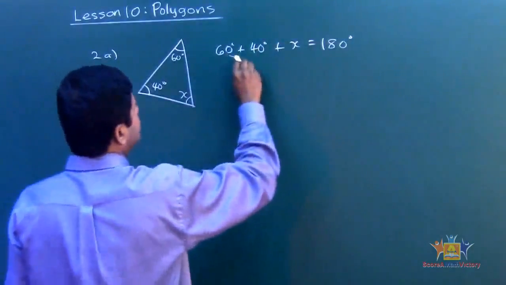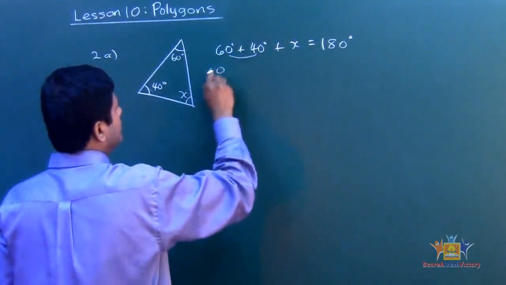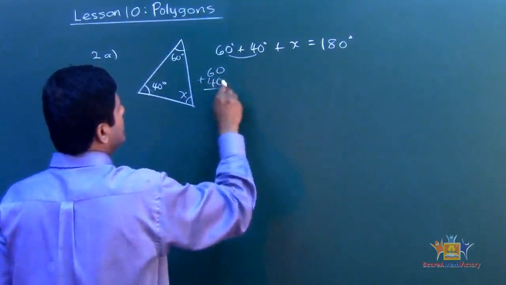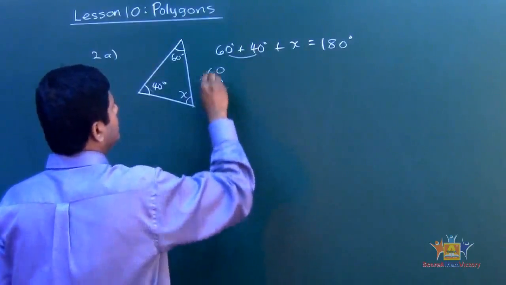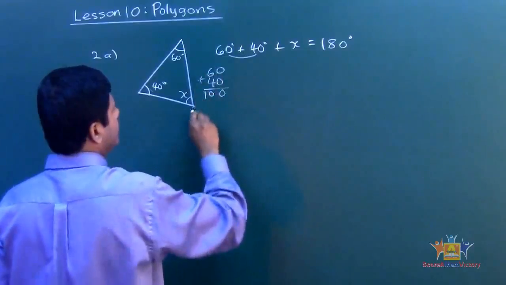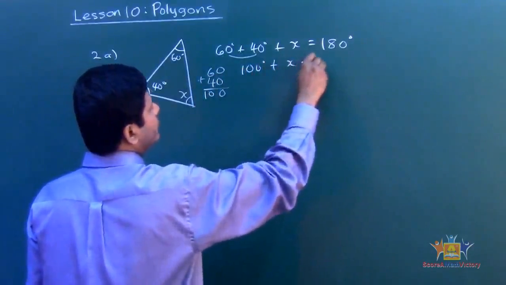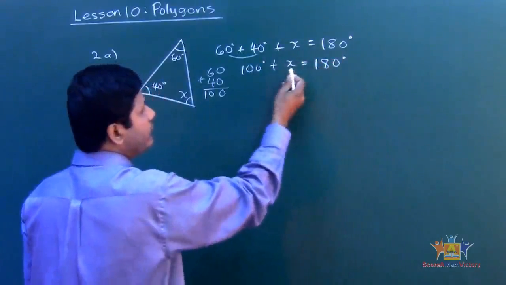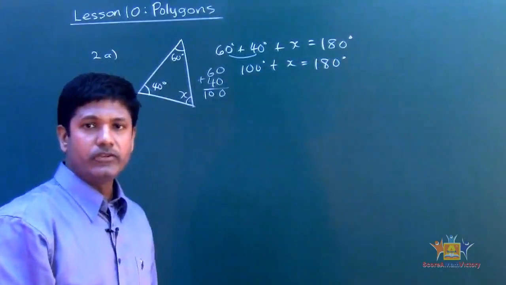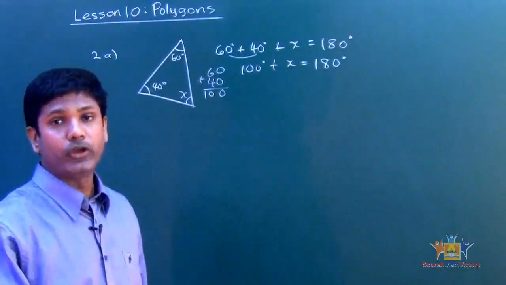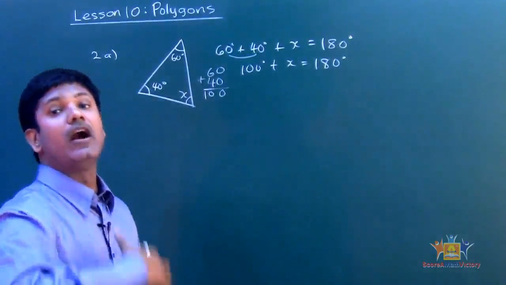Let's add these two first. 60 plus 40, 0 plus 0 is 0, 6 plus 4 is 10, so that gives you 100. So 100 degrees plus x equals 180 degrees. What is 100 doing to x? It's adding. To isolate x, 100 has to go.